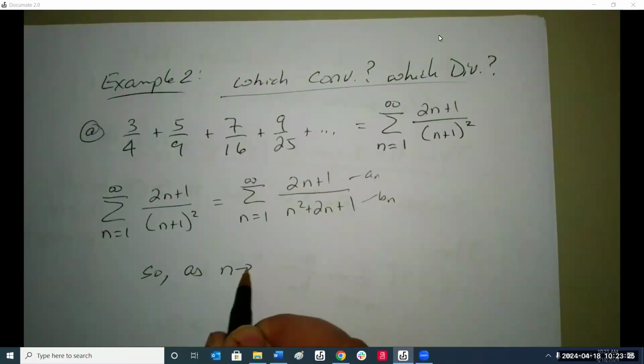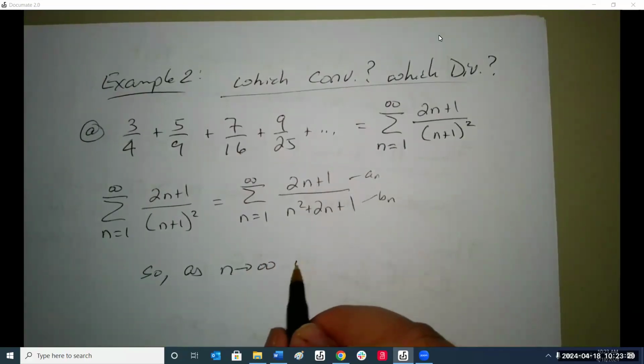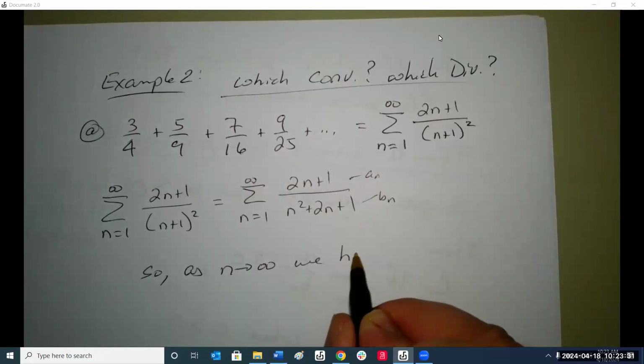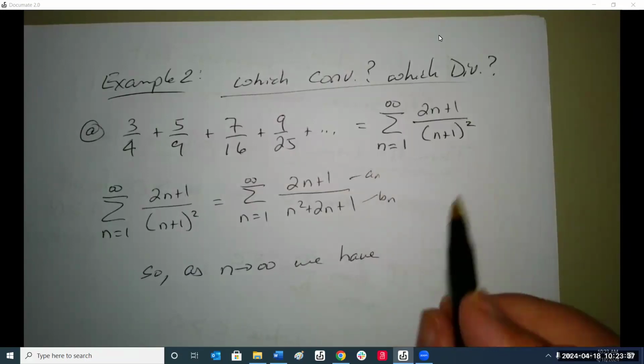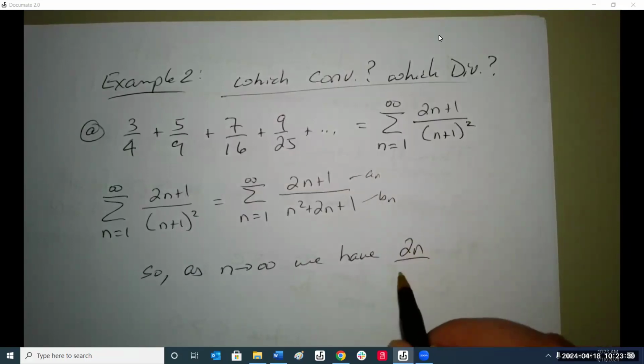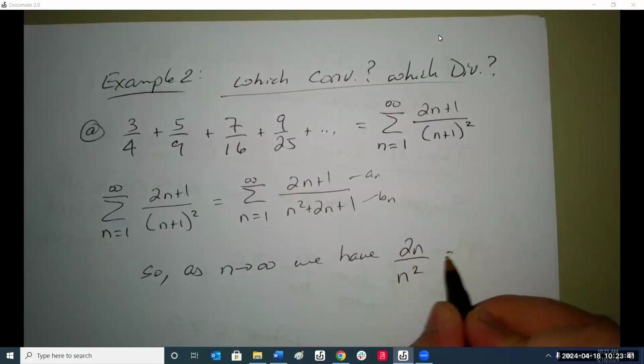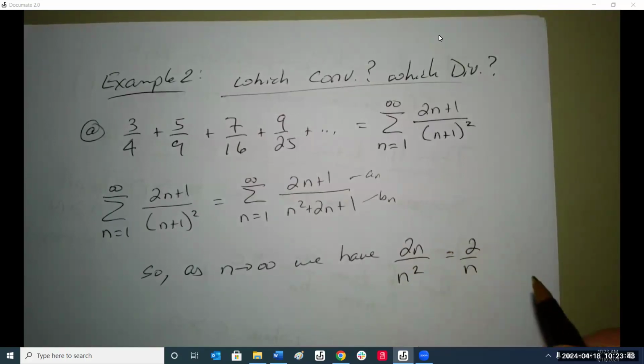As n goes to infinity, we have 2n over n squared, which is 2 over n.